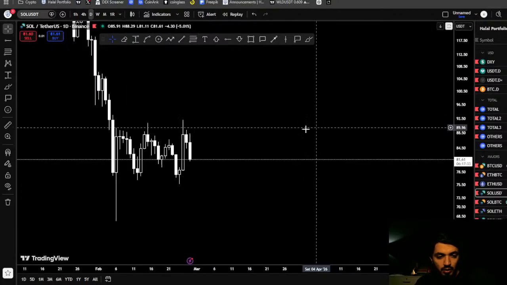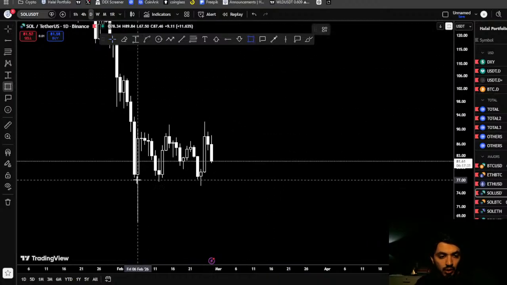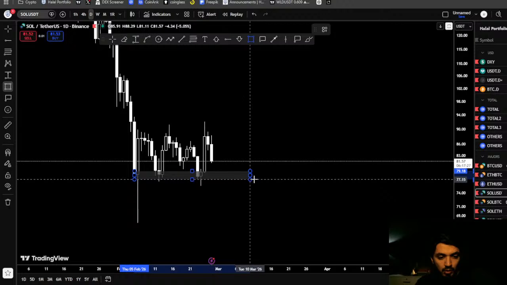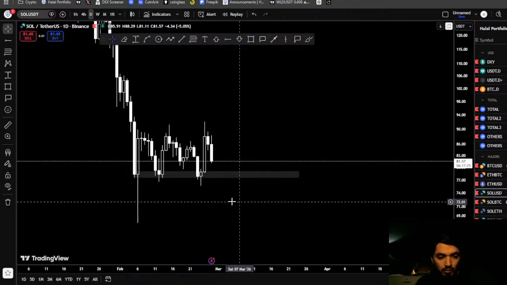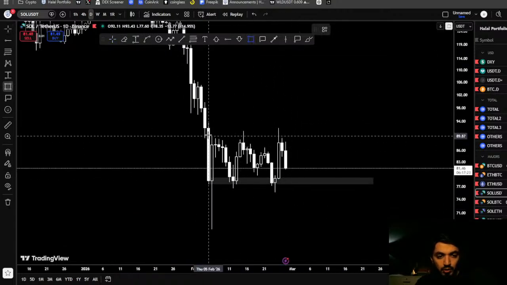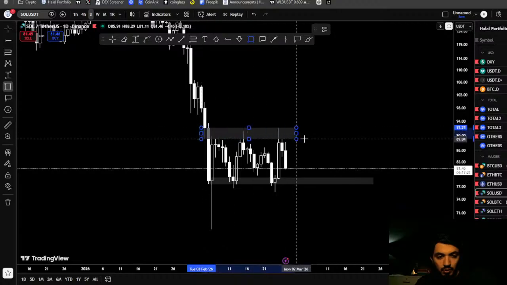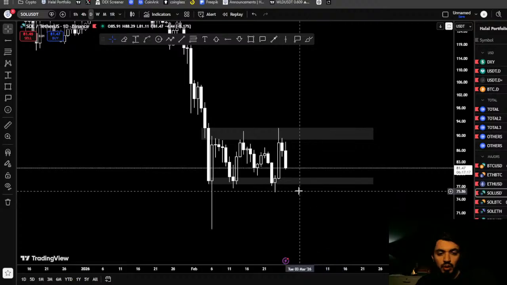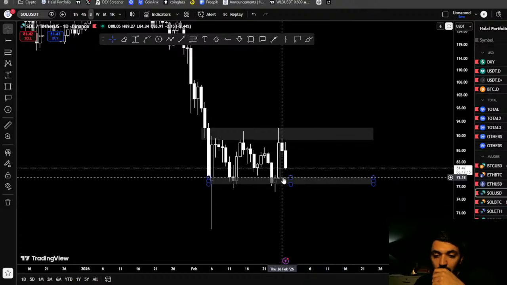And you can see here that Solana is ranging between this price and this price. That is it. It's just ranging. So the exact entry could be again at $80.